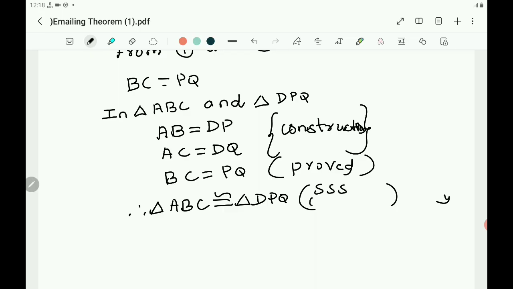SSS congruence rule. Once you got that two triangles are congruent, you know that the corresponding parts are equal.